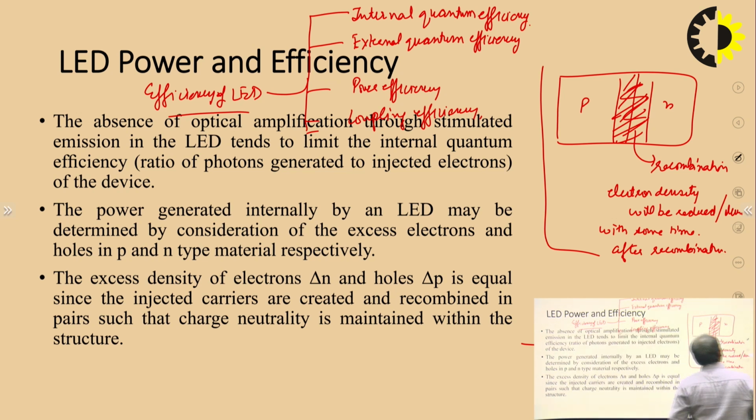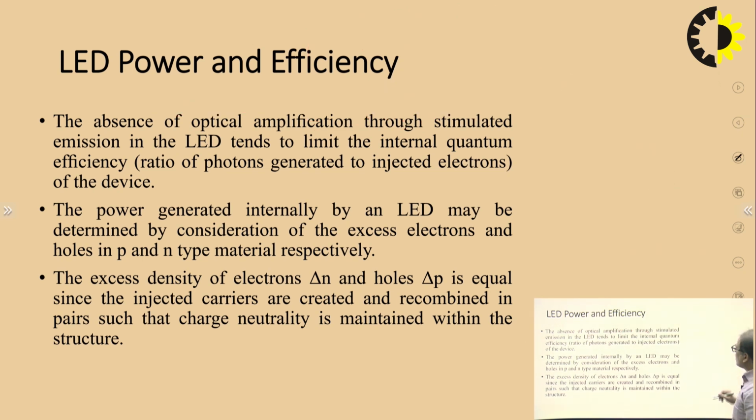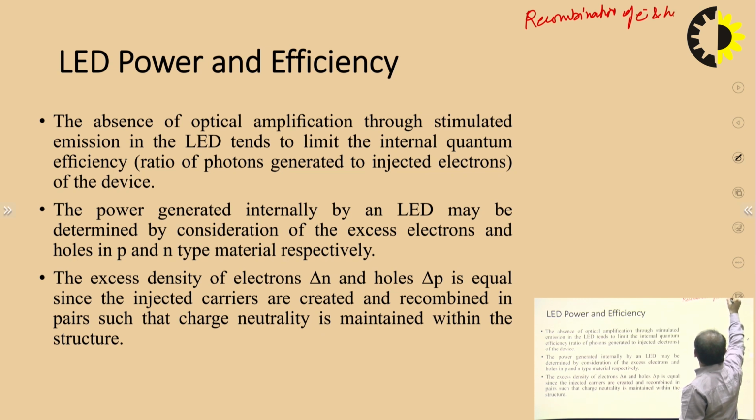So you will see here, to be noted, that the electrons which enter after recombination decay after some time, due to the recombination, and after recombination a photon will be produced. Now see, there are two types of recombination of electrons and holes.